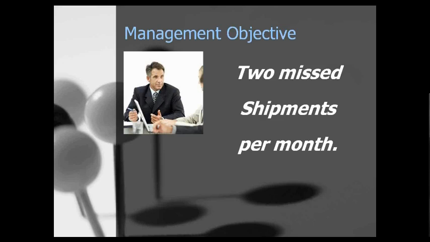What is the service level when management says you're allowed to have 2 missed shipments per month? Now, the way that management gets here is usually they pick a number out of thin air. In this example here, you were most likely having a meeting with your VP of supply chain, and the VP of supply chain was saying how we have to improve our customer service and we have to improve our on-time delivery.